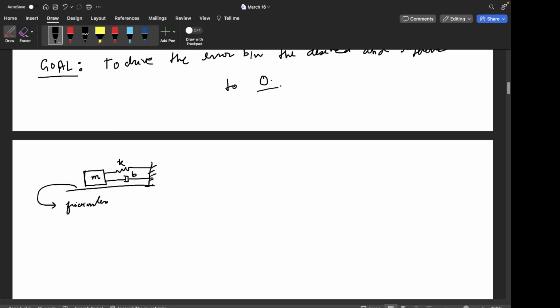Now springs and dampers are also of many types, right? So we need to specify: this is a linear spring, and this is also, I think, a viscous damper.